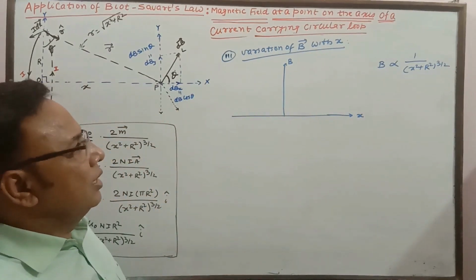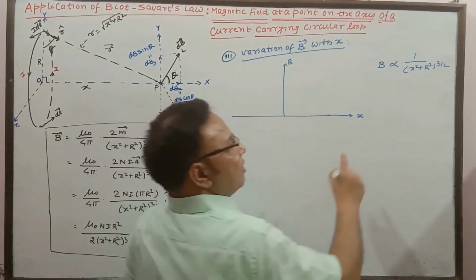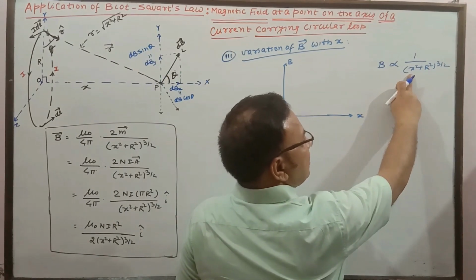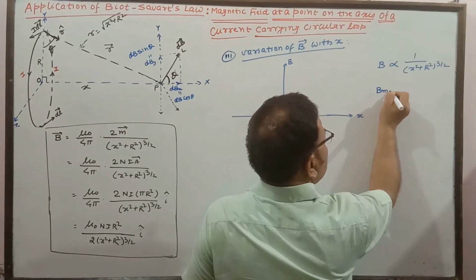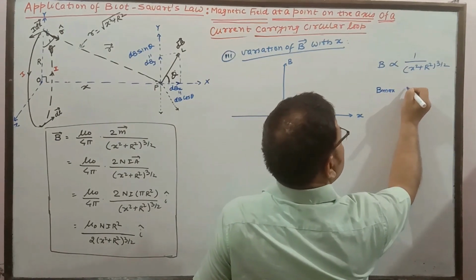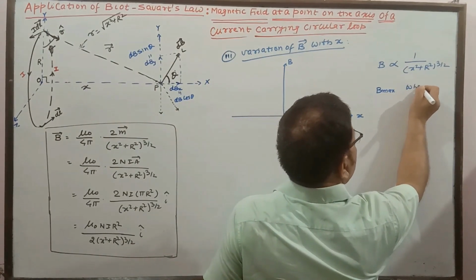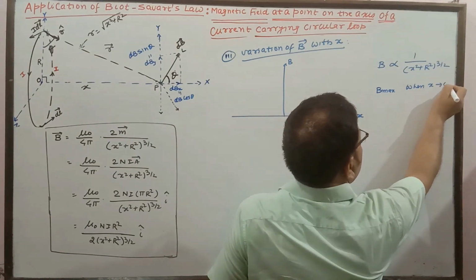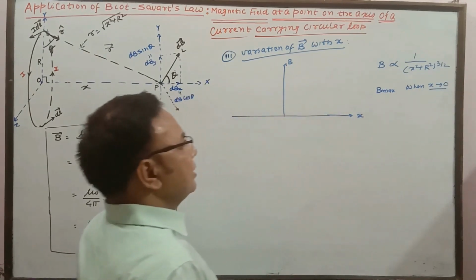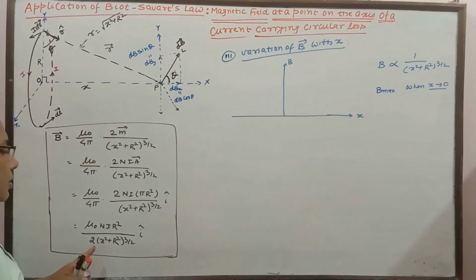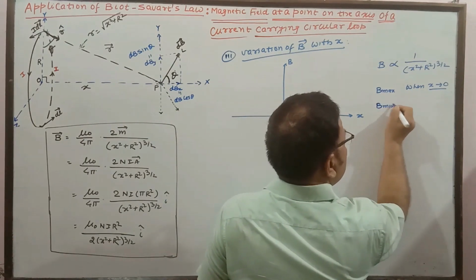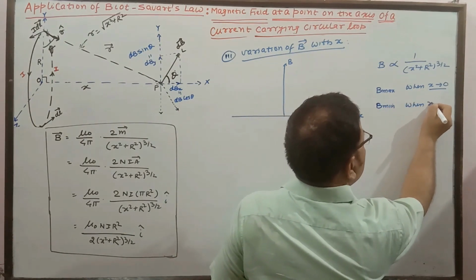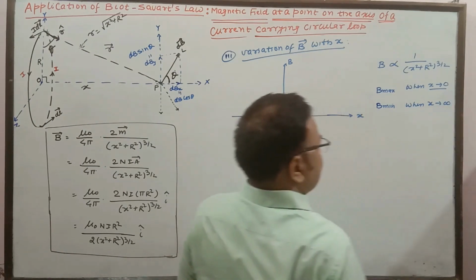From this, B has maximum value when x is minimum. The minimum value of x square is 0. So B is maximum when x tends to 0, and that is nothing but at the center of the circular coil the magnetic field is maximum, and B is minimum when x tends to infinity.